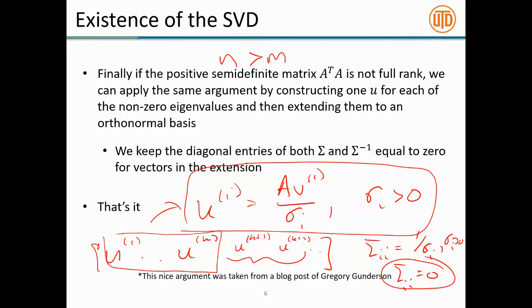If A times vi is equal to 0, there's not a unique way to define the corresponding ui. I can't just define it as A times vi. I have a kind of arbitrary choice of how I pick the things. Questions about this sort of padding operation?